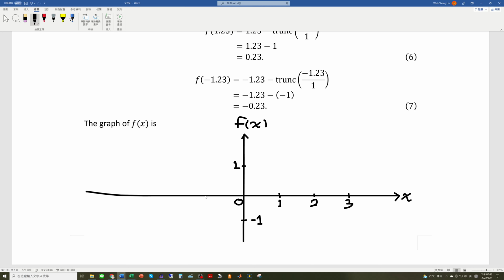And this is negative 1, negative 2, and negative 3. Like this. So the graph should be like this.